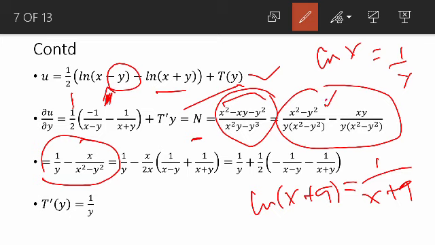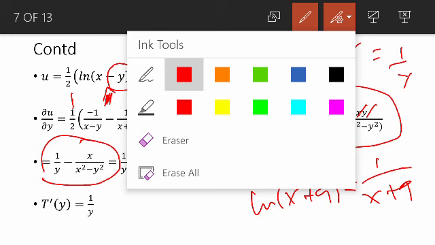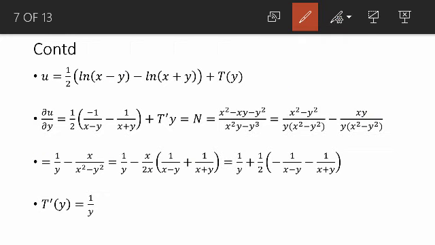That's because x squared minus y squared cancels x squared minus y squared, leaving 1 over y. Then this y cancels y here, that's why we have x over x squared minus y squared. Which is the same thing, just like I showed you with partial fraction, we can break this down into partial fractions to get this.